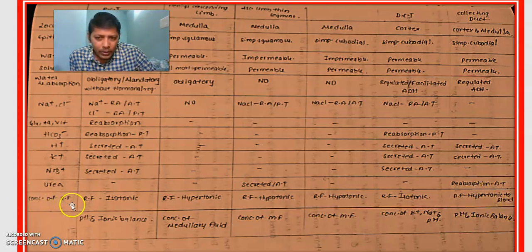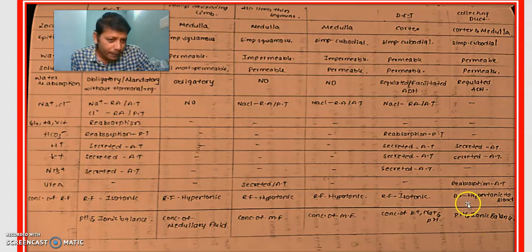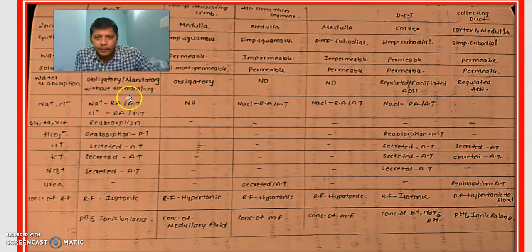The renal filtrate here is hypertonic to the blood, more than 300. Its main functions are secretion, and pH and ionic balance. That's the comparative study of the different parts of the nephron up to the DCT and collecting duct.